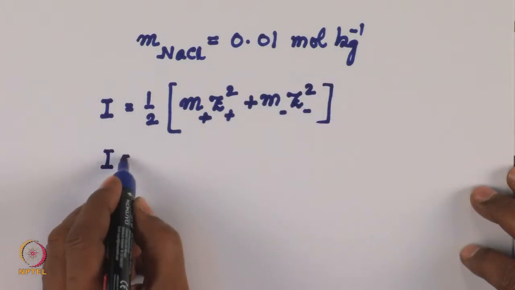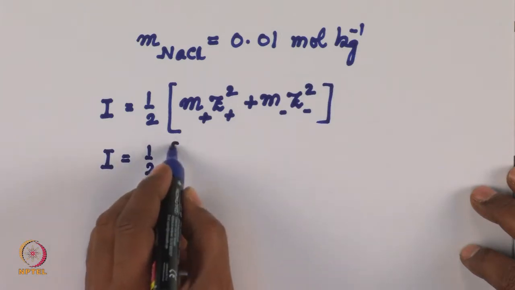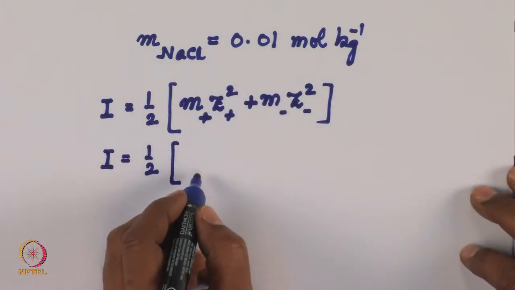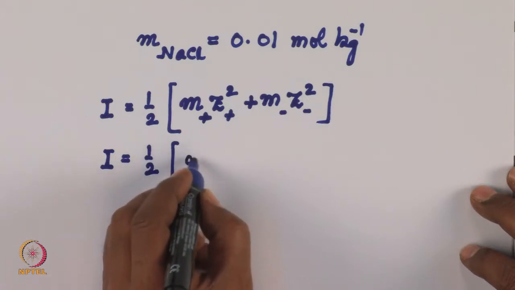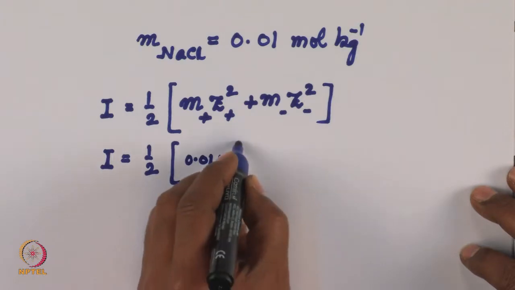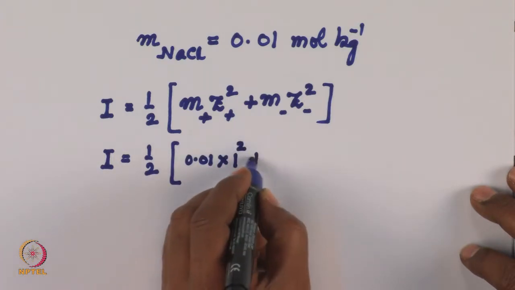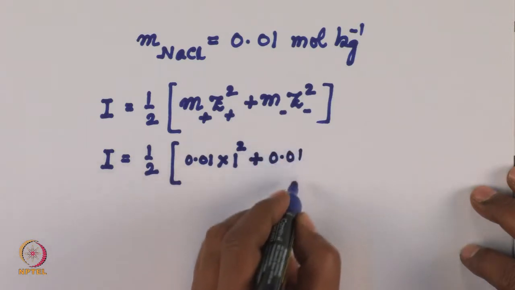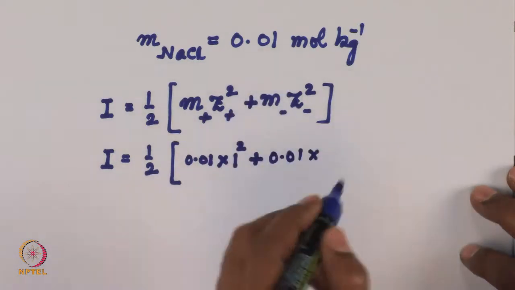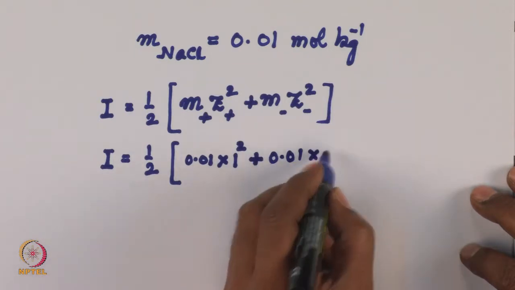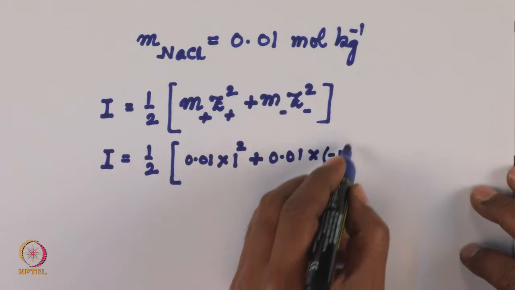I is equal to half, M plus is 0.01, into the charge on the sodium ion, 1 plus. The concentration of chloride ion is also the same, since it is a 1:1 electrolyte, 0.01, and minus 1 square is also 1.